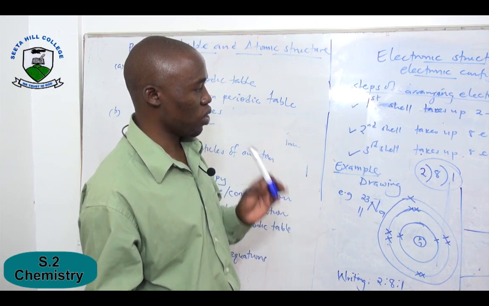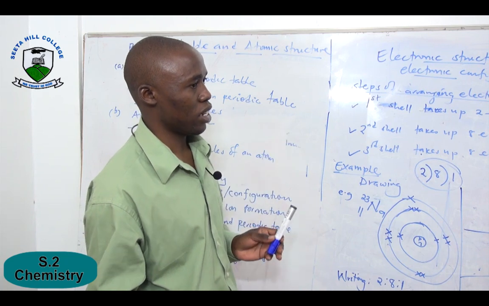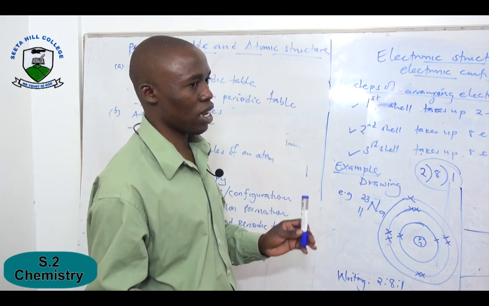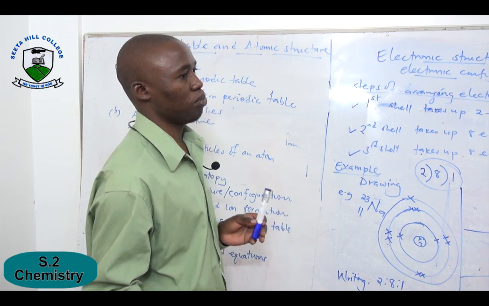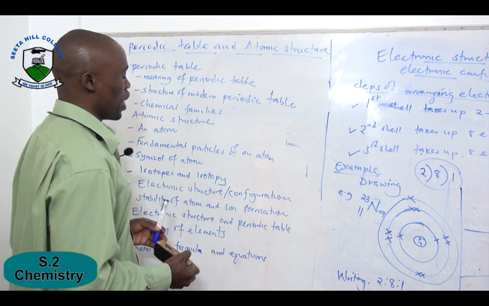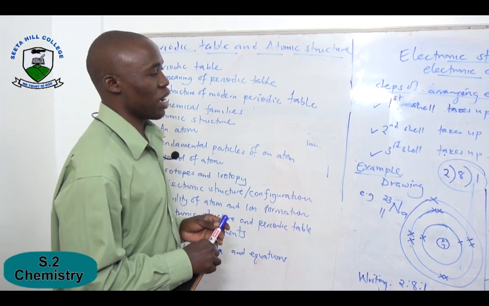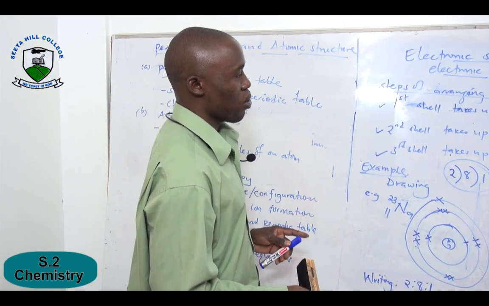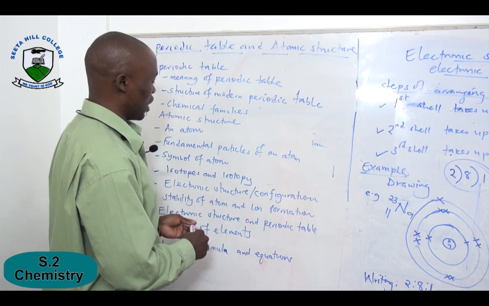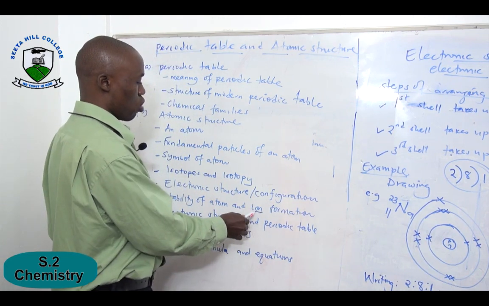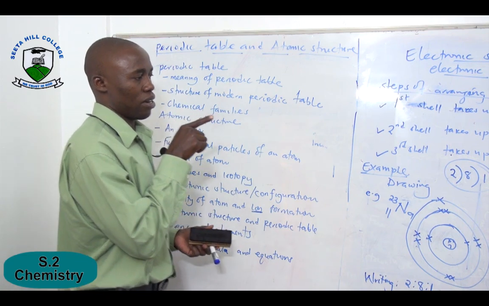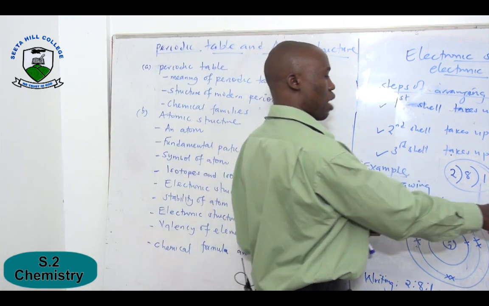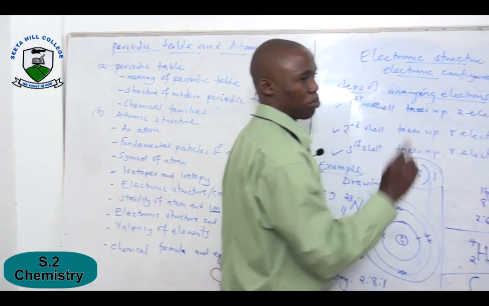And to be fully filled is to have 8, or to have 2 in case the atomic number is only 2. Clear? When the atom is not stable, it will change into what we call an ion by making sure that outside is full.